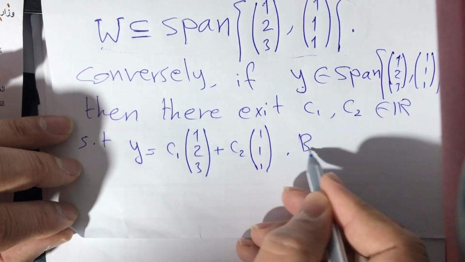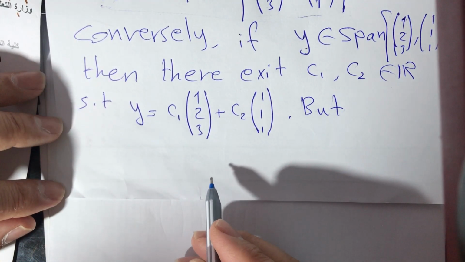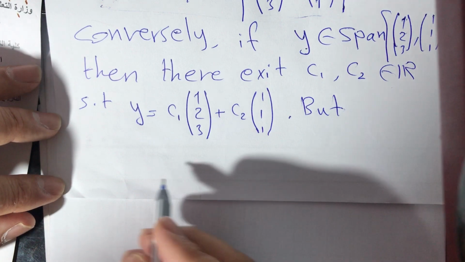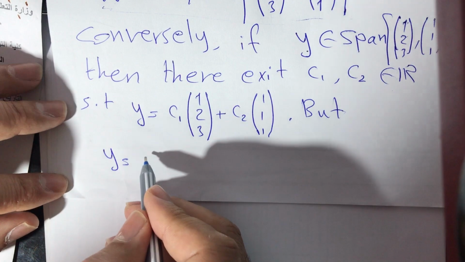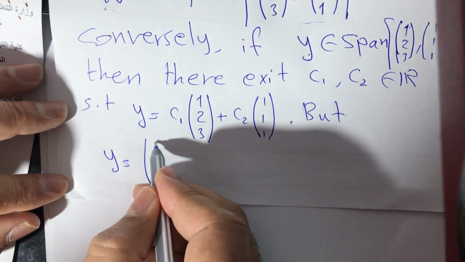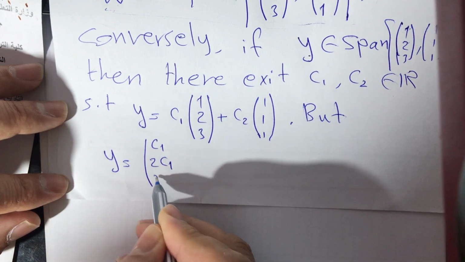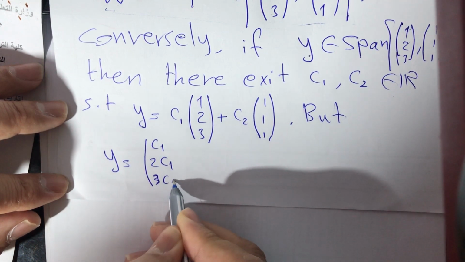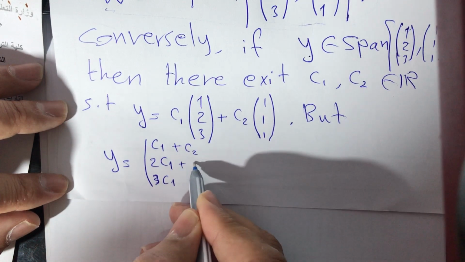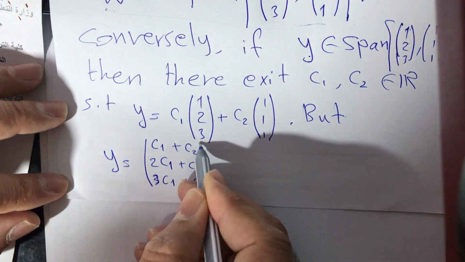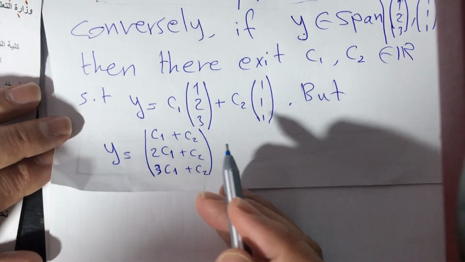That means Y is equal to (C1, 2C1, 3C1) plus (C2, C2, C2). Move here and sum them, we get this.